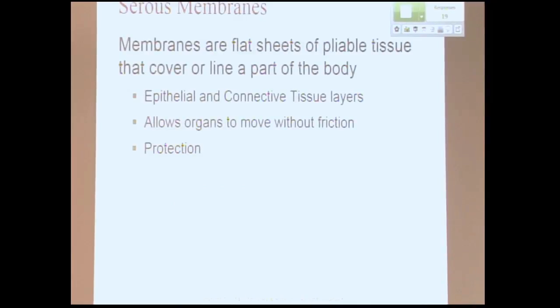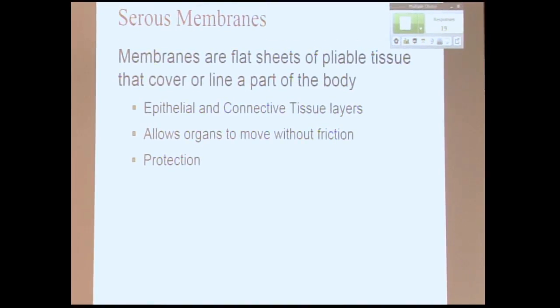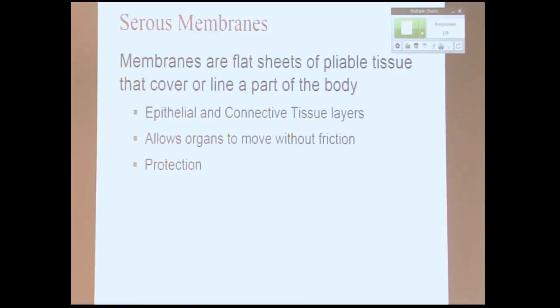But I do want to talk real quick about serous membranes. We talked about those in chapter 1, if you remember. The peritoneum, the pleural membrane, the pericardium. A serous membrane is a combination of epithelium and connective tissue.